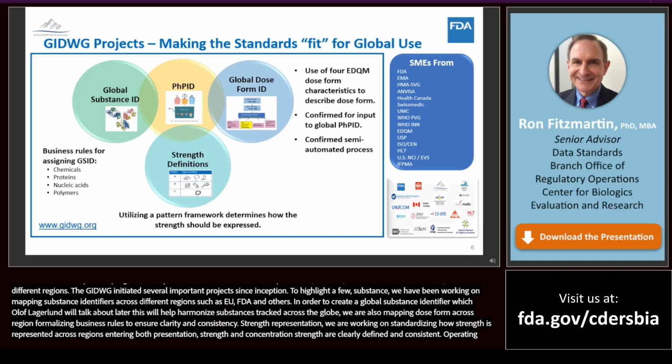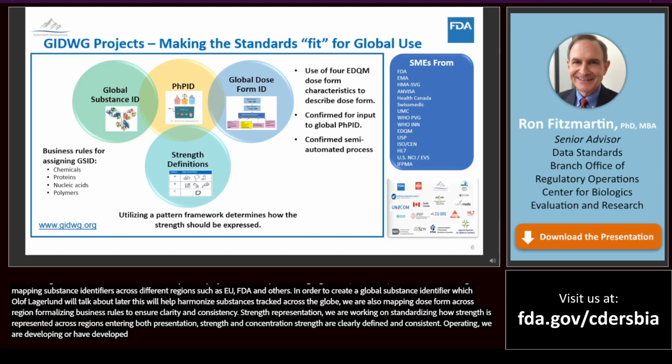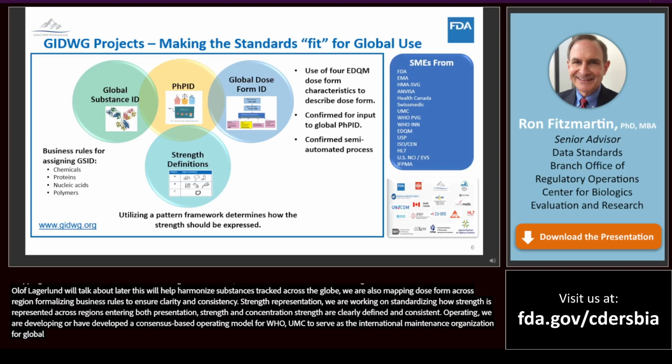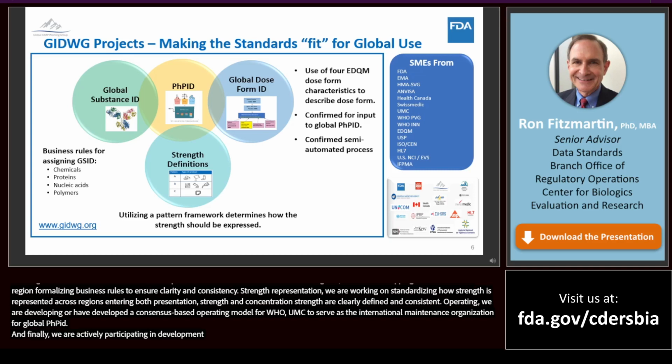We are developing, or have developed, I should say, a consensus-based operating model for WHO UMC to serve as the international maintenance organization for the global PhPID. And finally, we are actively participating in the development of the HL7 FHIR resources that support the exchange of IDMP data across IT systems globally.